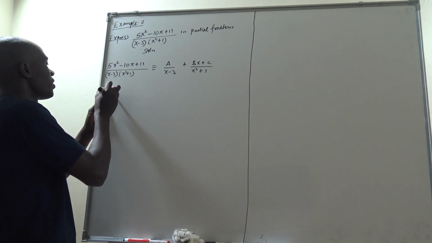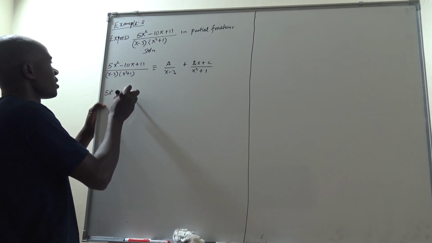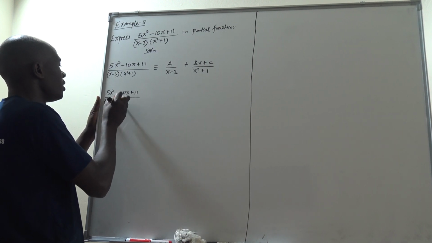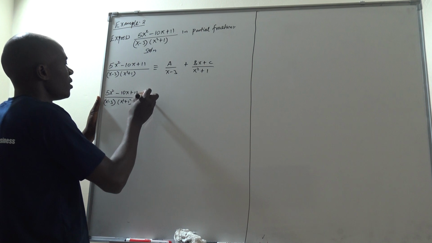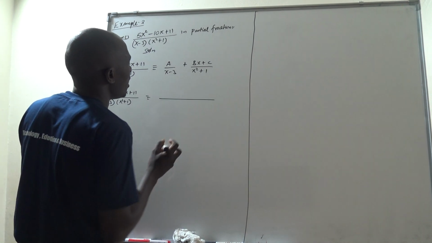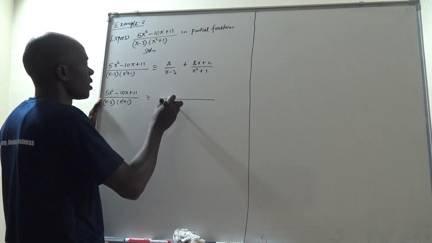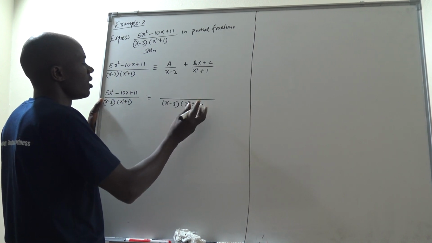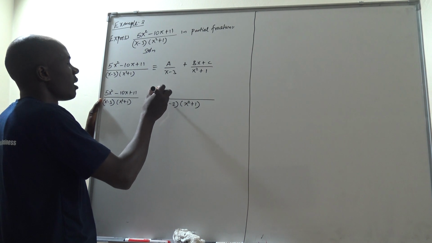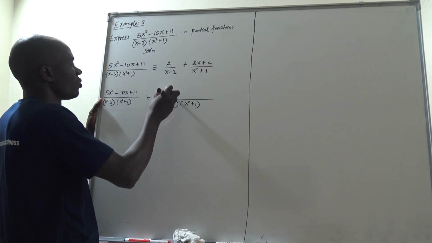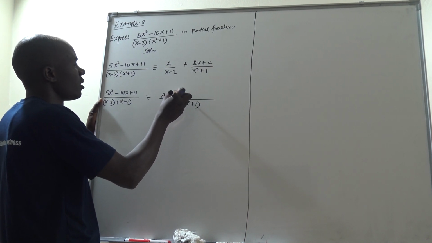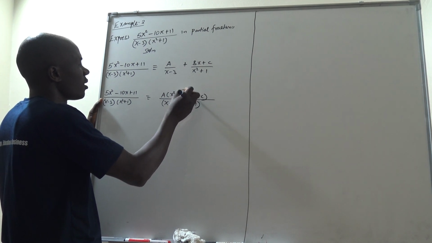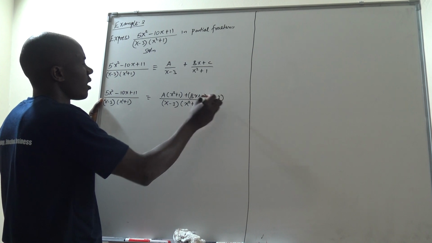So what we're going to do is this. We are having (5x² − 10x + 11) / ((x − 3)(x² + 1)) is the same as, we get the LCM. So the LCM is (x − 3)(x² + 1). The whole of this one divided by this, I'm remaining with A(x² + 1), then plus (Bx + C)(x − 3).